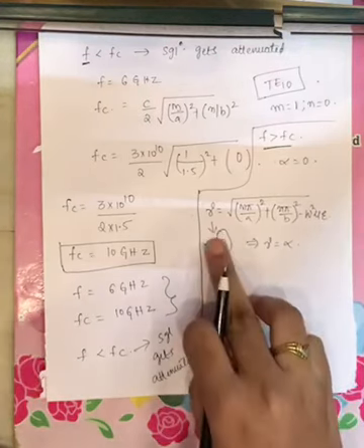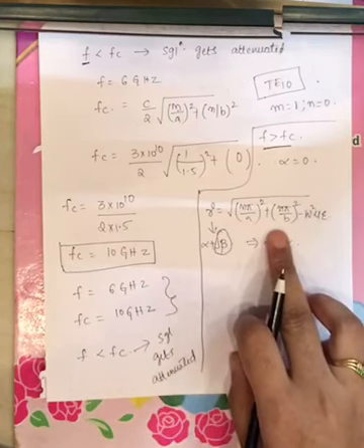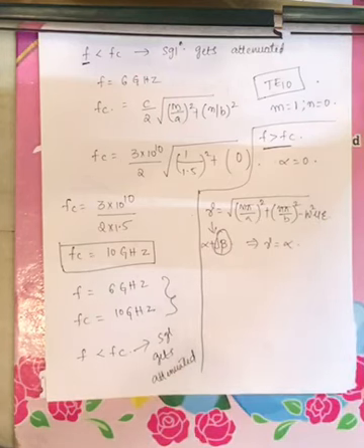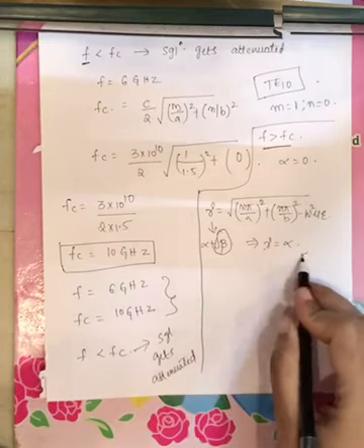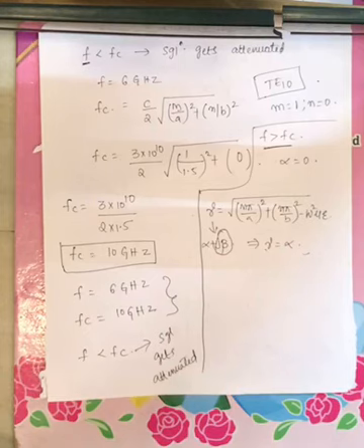You know the expression for gamma, that is under root of (m pi by a) whole square plus (n pi by b) whole square minus omega square mu epsilon. Gamma is alpha plus j beta, attenuation constant plus imaginary term of phase constant. Since the signal is getting attenuated, you won't get any phase term. J beta will be 0. That's why gamma equals alpha.